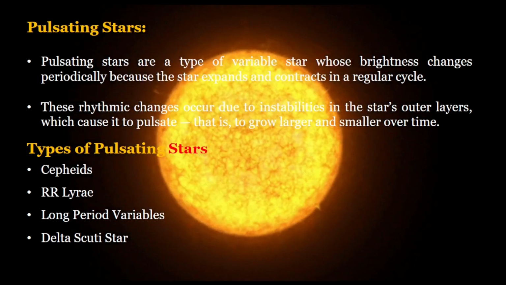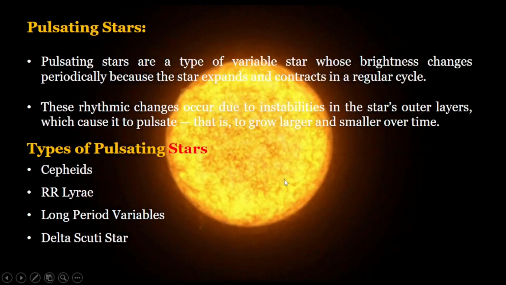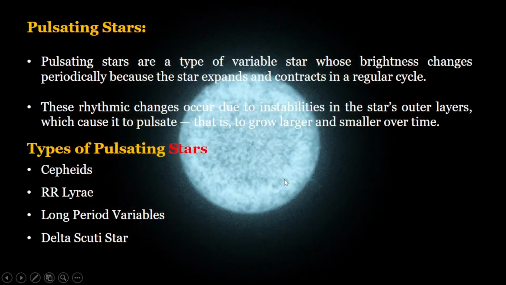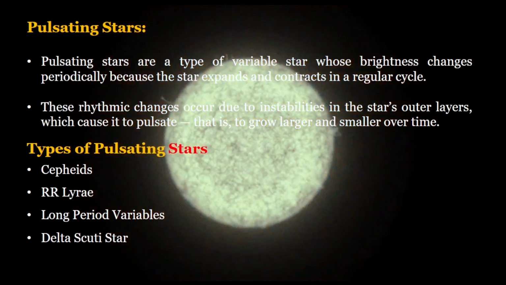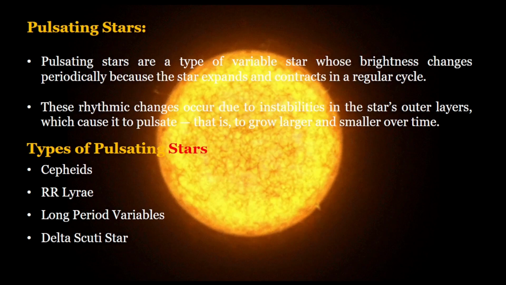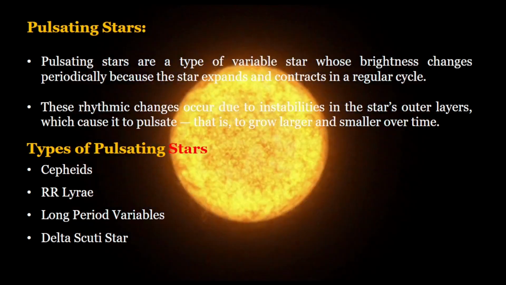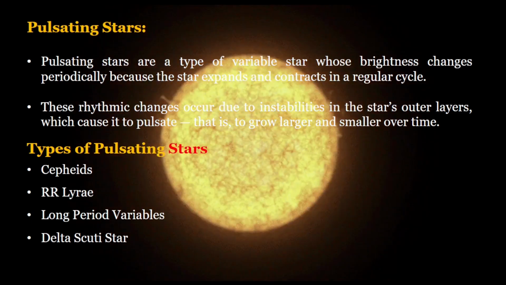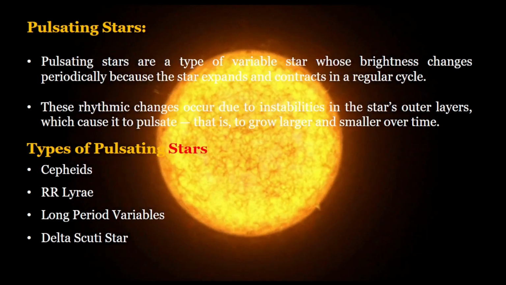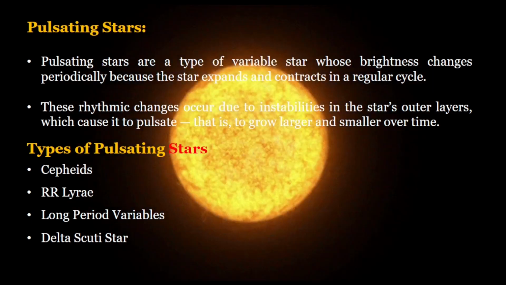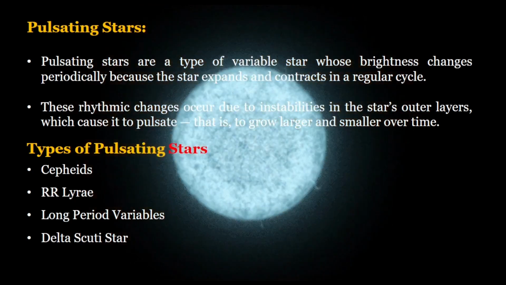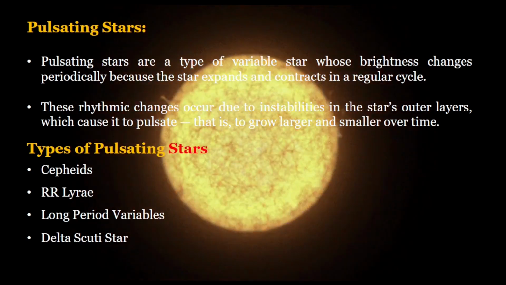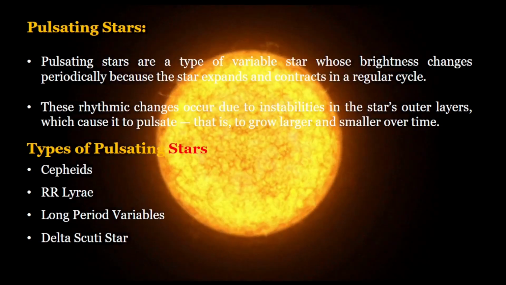The star in the background of this picture is an example of a pulsating star. So you see, the star expands and contracts. Probably we're not used to that because our sun does not behave this way, so we are not familiar with such an occurrence. But a lot of stars behave this way, so we call them pulsating stars.